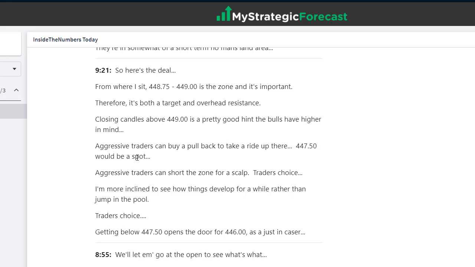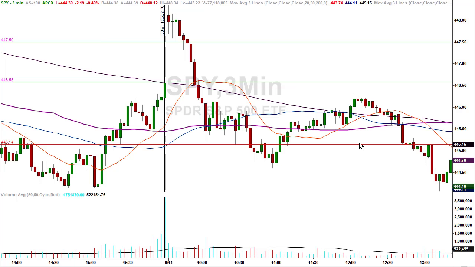The other side of that was if they run up there, the aggressive traders can also short that price zone for a scalp short. So there were 2 opportunities on the board first thing in the morning, even before the opening bell, just to get the scope of what that looked like.